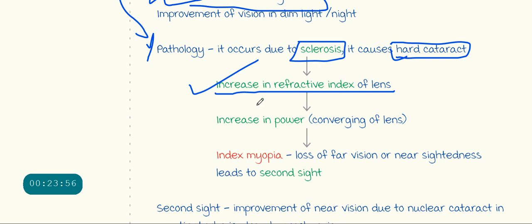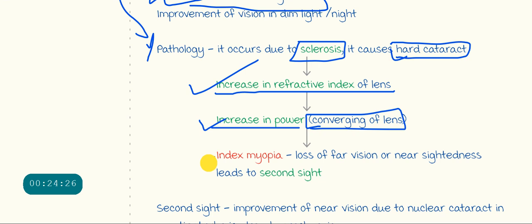Due to increase in refractive index, there is going to be an increase in power, and the converging of the light of the lens would increase ultimately. That is why there is increase in the power. Now it will lead to index myopia.